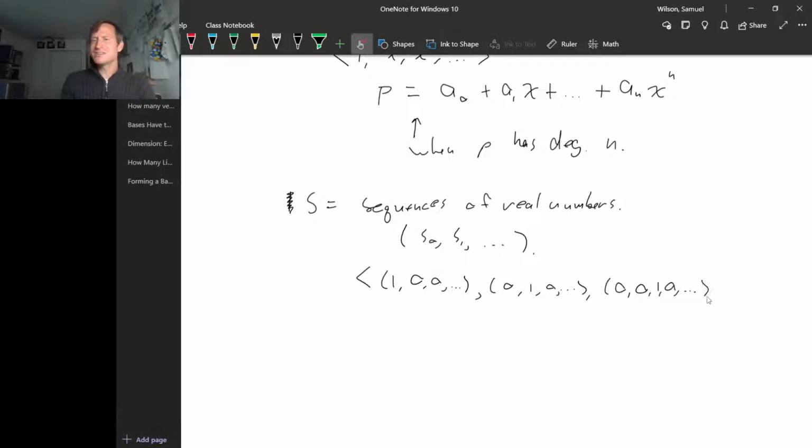You can see this looks kind of like the standard basis for Rn, except each vector is an infinite sequence instead of a list of finitely many things. And also there are infinitely many vectors in this list.